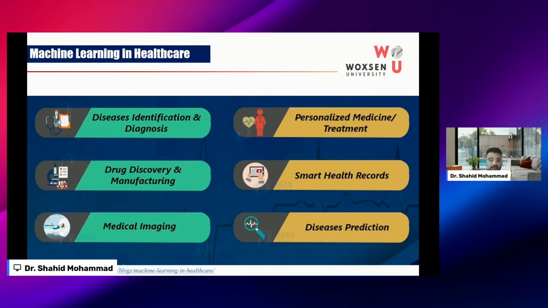Next is personalized medicine treatments, where we try to focus on the parameters. Parameters can be lifestyle parameters, or healthcare parameters, or simply pathological parameters. If a person is going for treatment, he needs to conduct some lab tests.